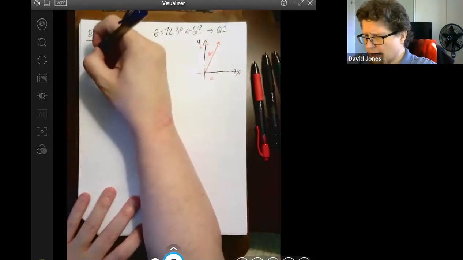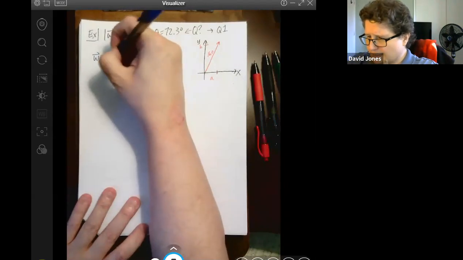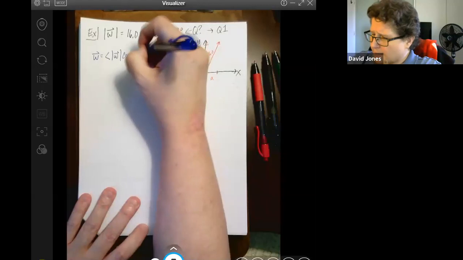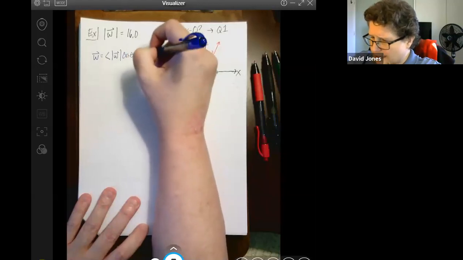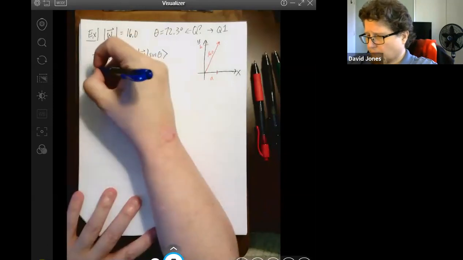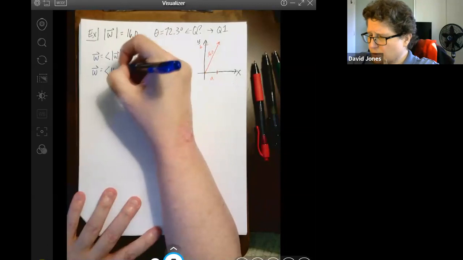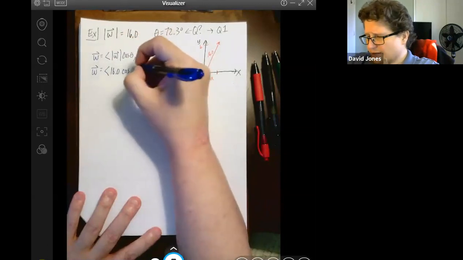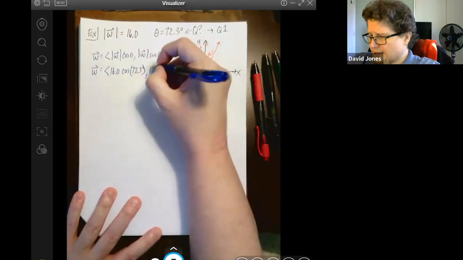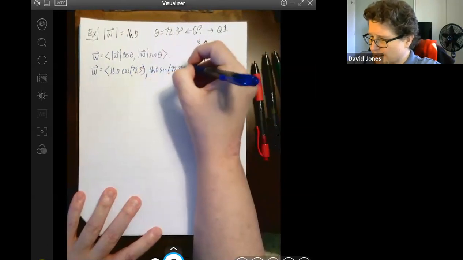So I can write W is the magnitude of W times cosine theta, comma, magnitude of W sine theta. We get 16.0 times cosine of 72.3 degrees, 16.0 sine of 72.3 degrees.